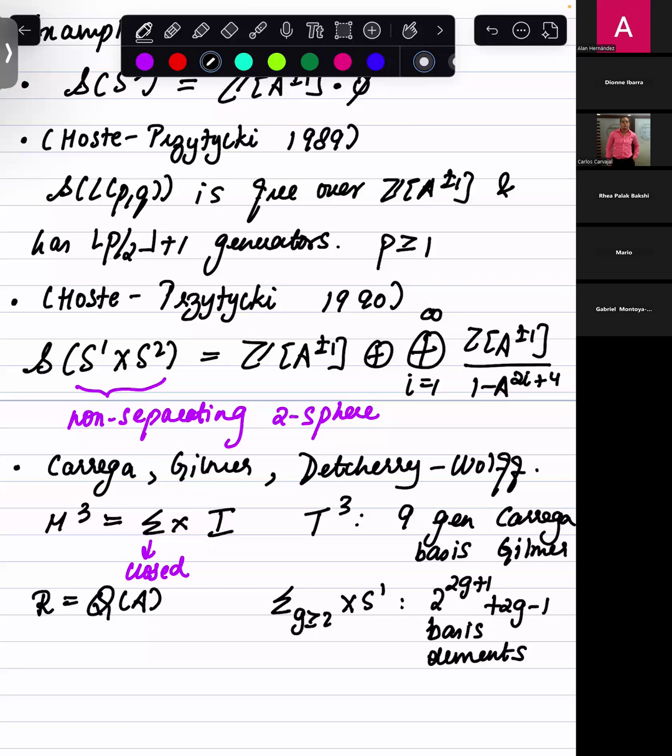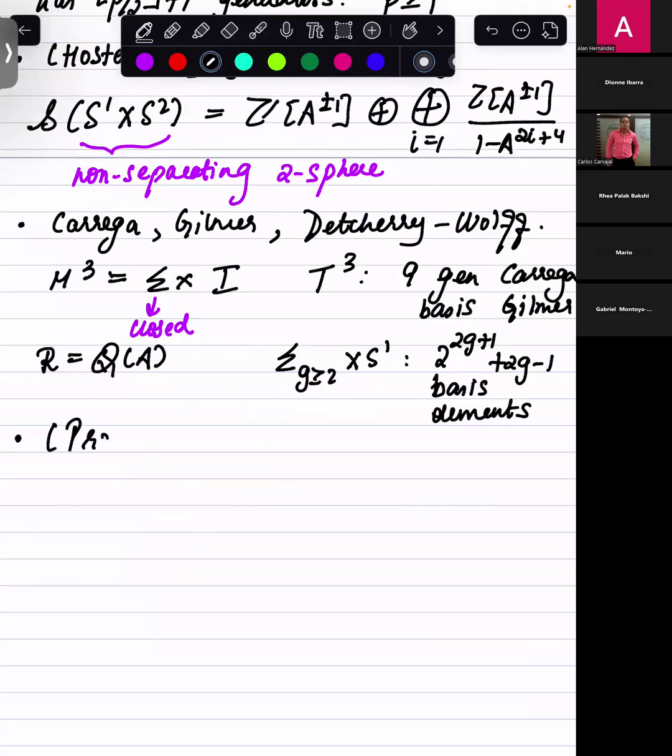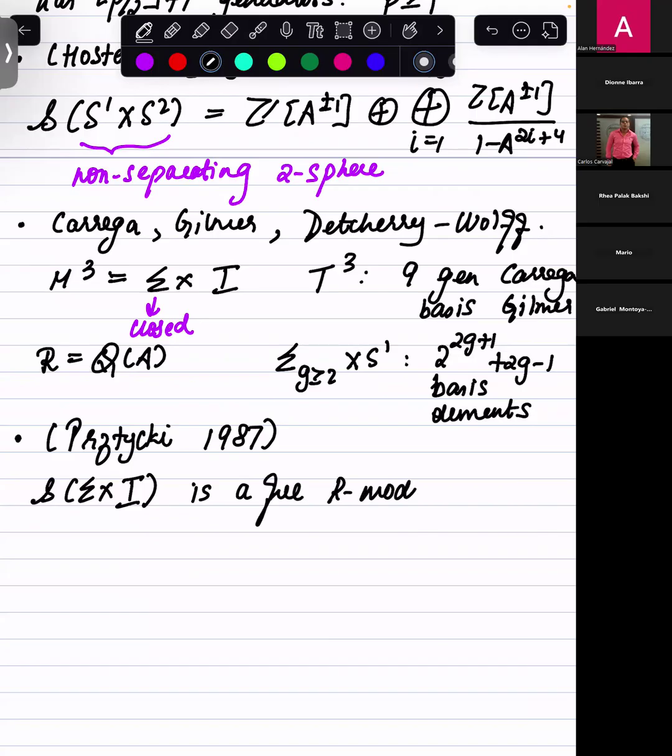Here is what I will talk about. Before I move on to connected sums, I would like to mention this very basic result, which we pretty much take as an axiom in Skein theory, which is the Skein module of a thickened surface. Joseph showed that this is a free R-module, which is generated by links in the surface.